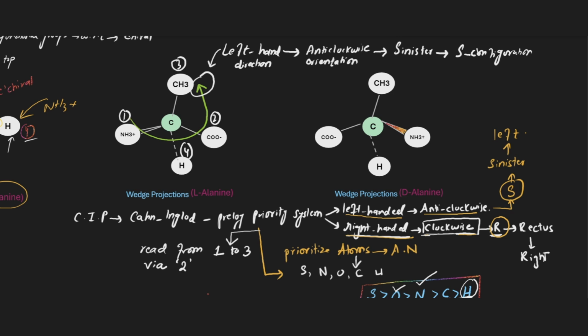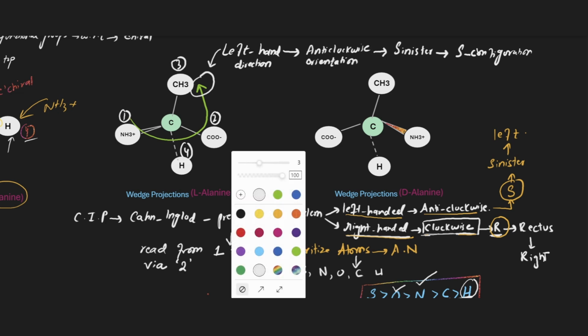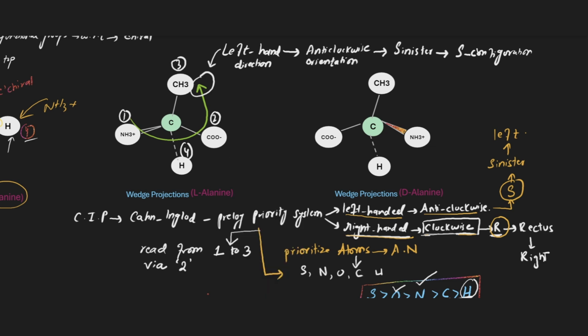Okay, so I hope this is clear to you. So first of all, you have to identify the atoms which are directly attached to the central chiral carbon. And then you have to give priority numbers based upon the atomic numbers. So the one with the highest atomic number will be given the priority number 1, and the one with the least atomic number will be given the priority number 4.